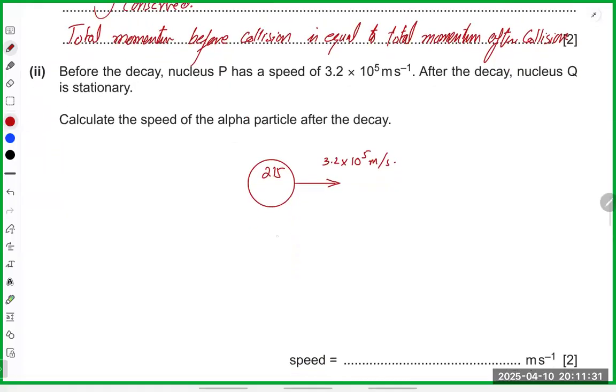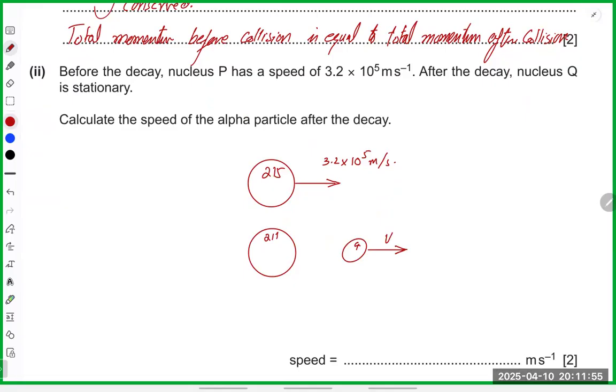Now after decay, this is at rest, mass 211, and a mass of 4 is going this way, and we need to know the velocity of this thing.